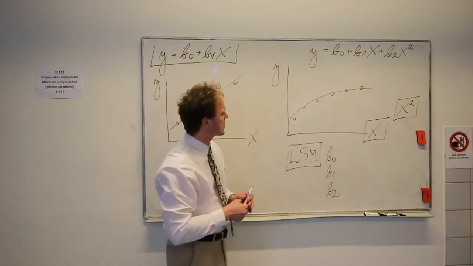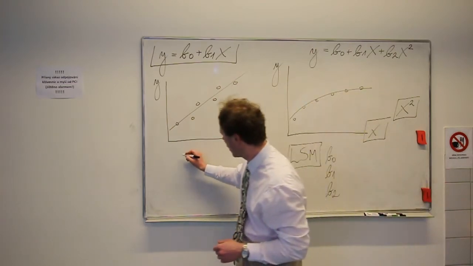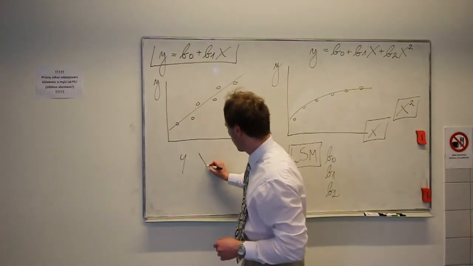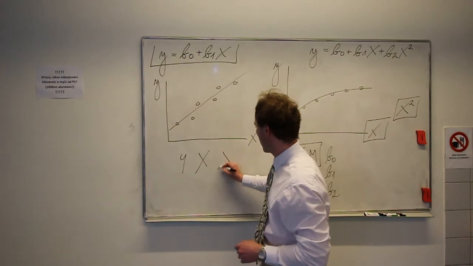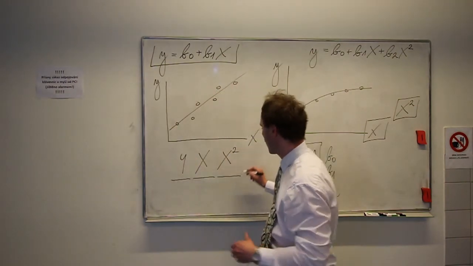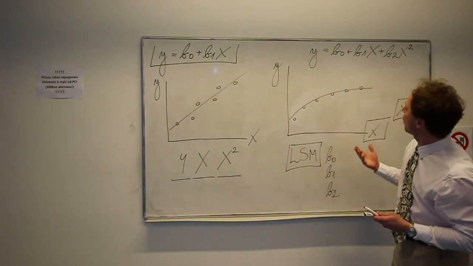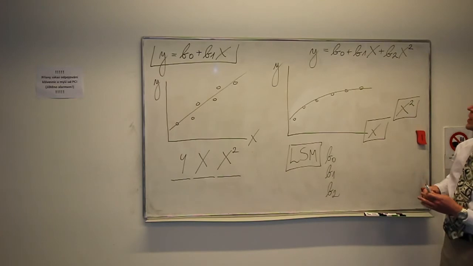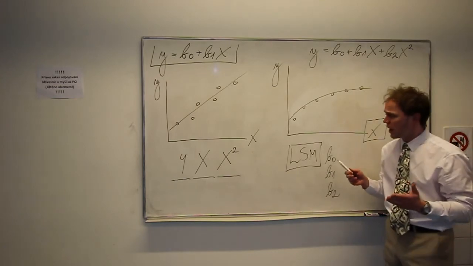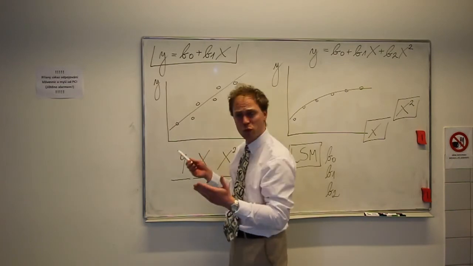So we will use Microsoft Excel with variable y, variable x, and variable x squared. We will use the analysis toolpak, and we will calculate these three coefficients. And we will see what we can do with this.